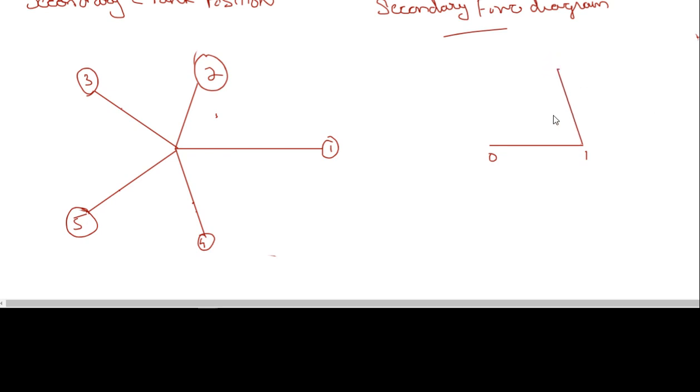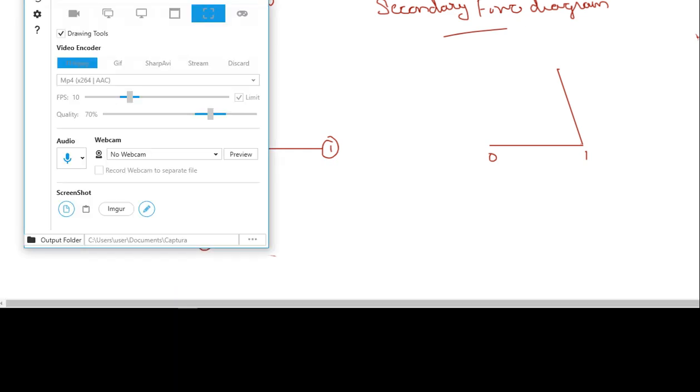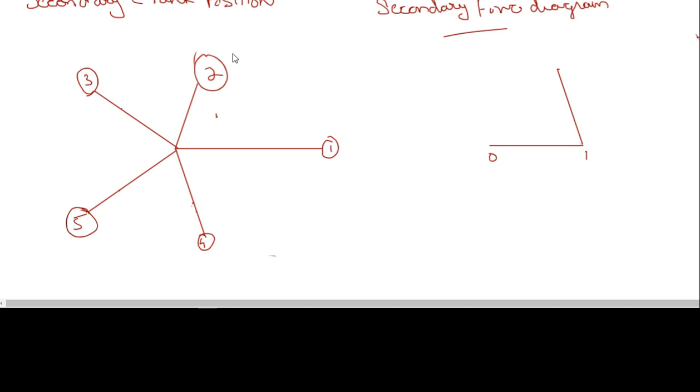Okay, 4 is at 288, so the 4 will actually be a downward line, not upward, my mistake. So this is 1, and this will be 4.